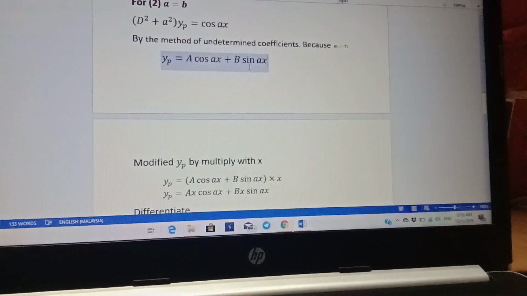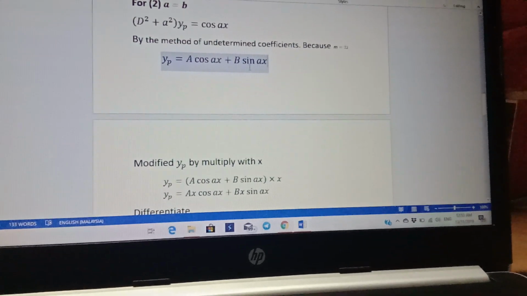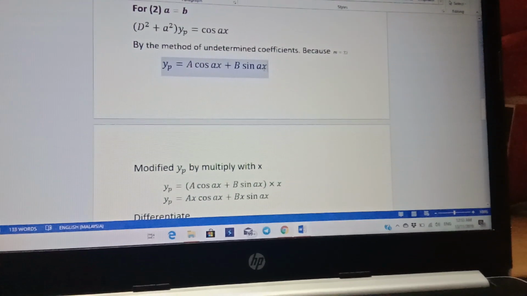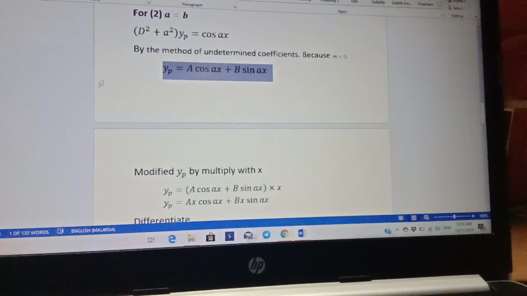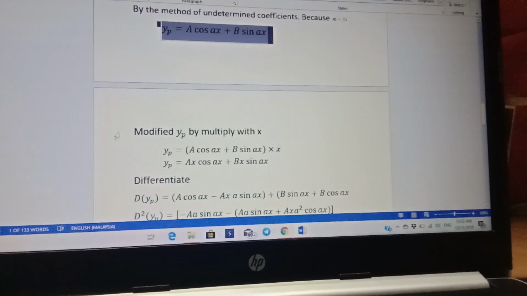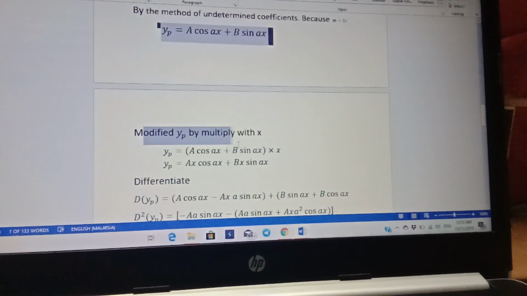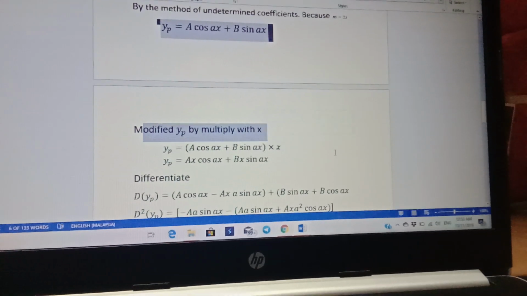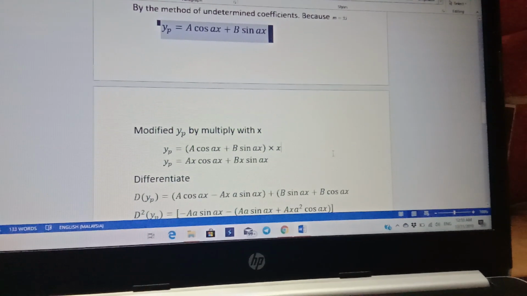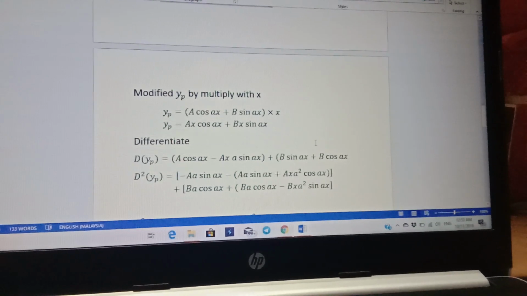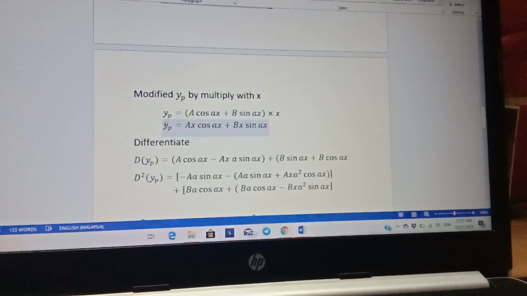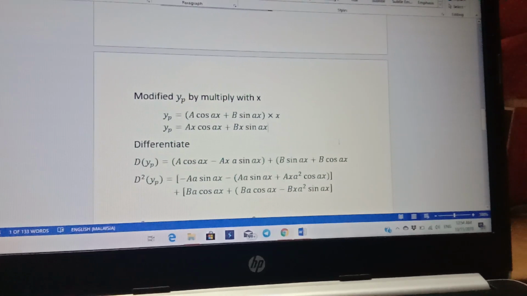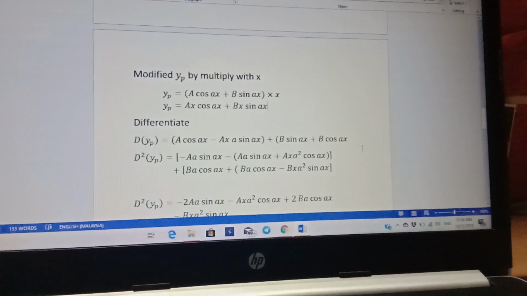We look back to the undetermined coefficients to get this equation. Then we modify yp by multiplying with x. Actually, I still don't get it, but like the doctor said in the class, it will become a product.